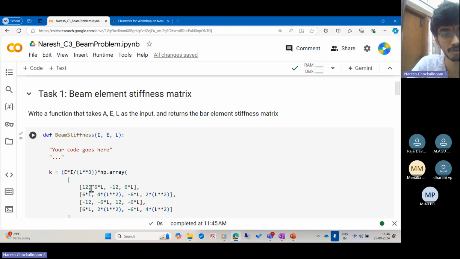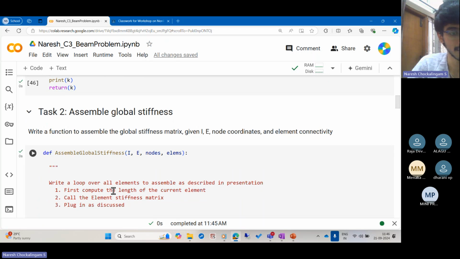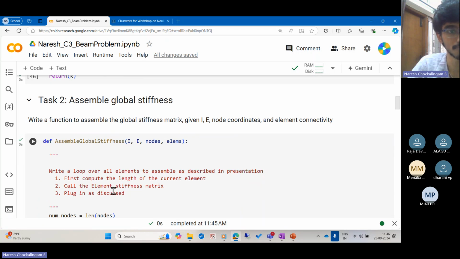You just have to add 2 rows and do a transformation. That solution is also going to be the same. So hereafter, the conceptual part of the matrix analysis is gone. We will not be deriving any more stiffness matrices. Only for the bar and beam we had to do it. For frame, it is just transformation.